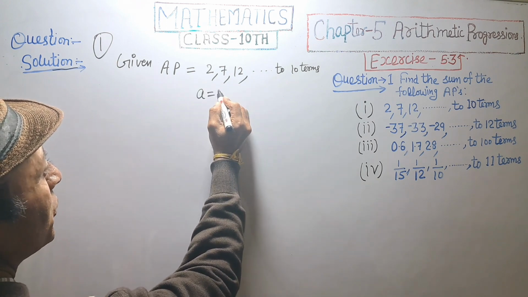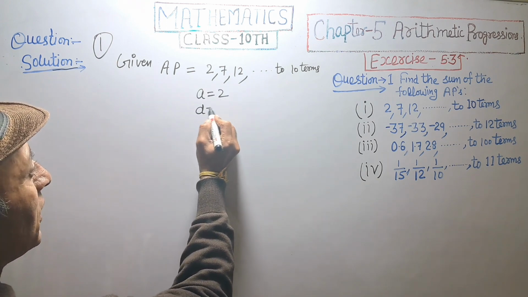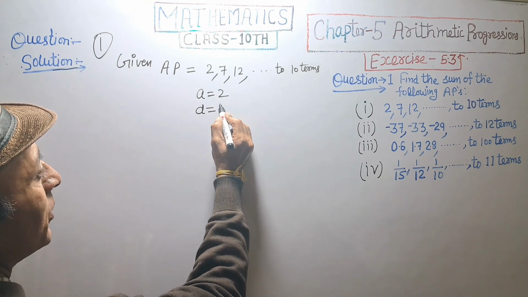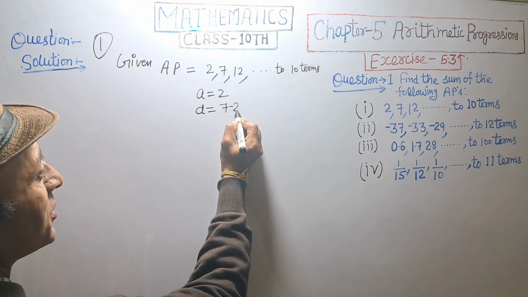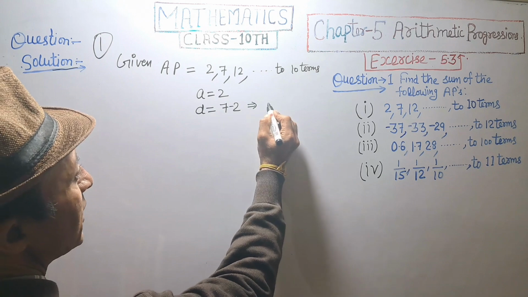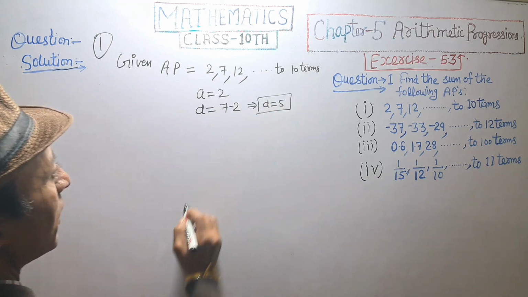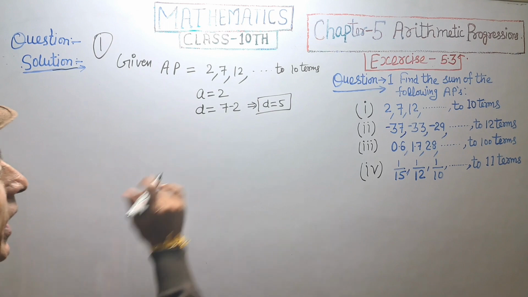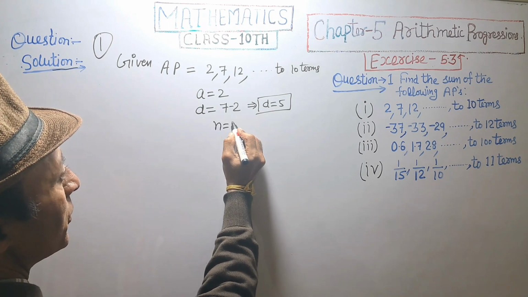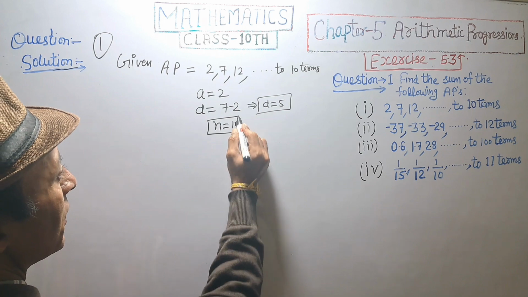A is equal to 2 and common difference D is equal to 7 minus 2. This implies D is equal to 5. And in this AP, N is equal to 10.